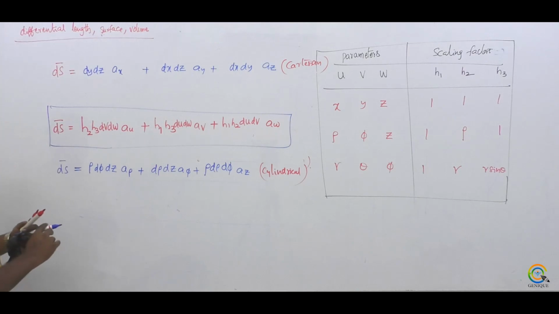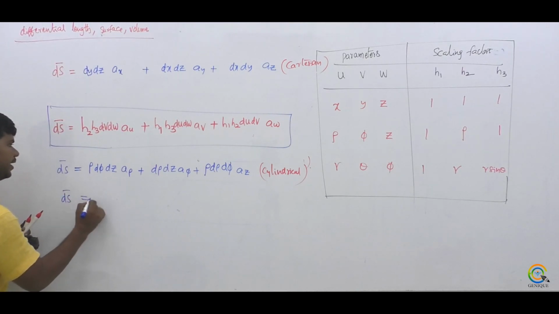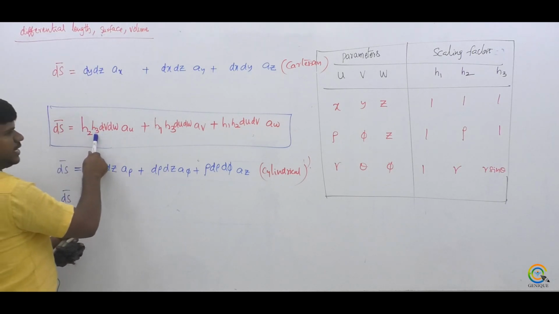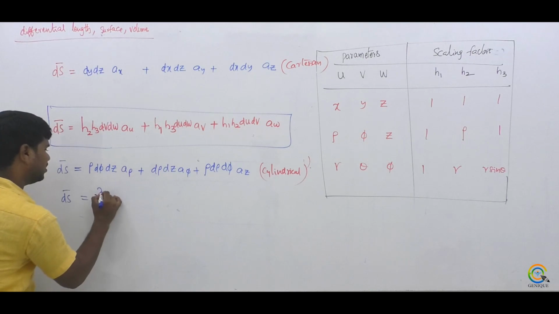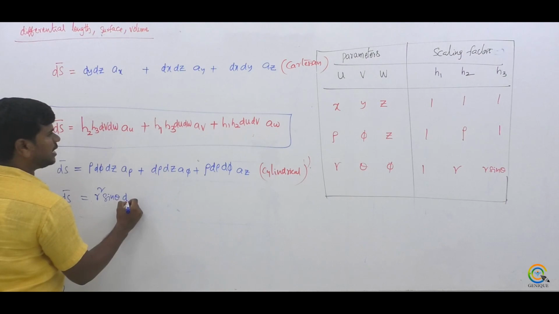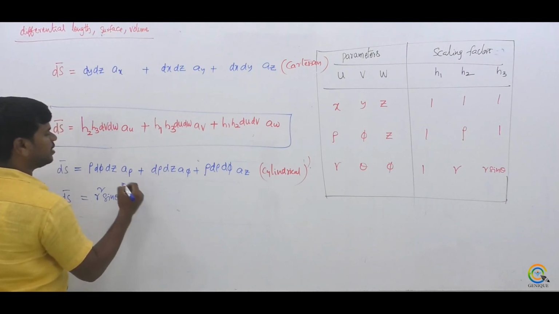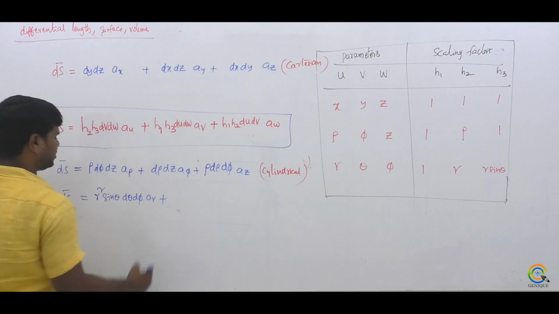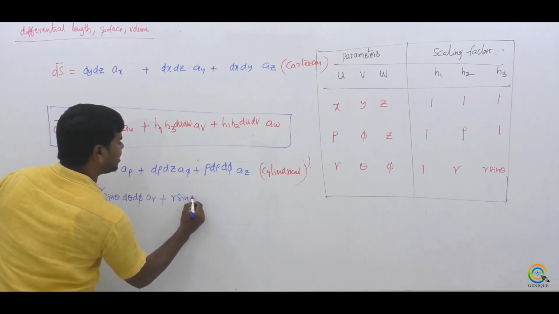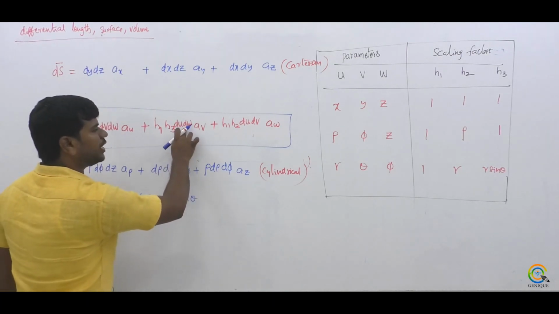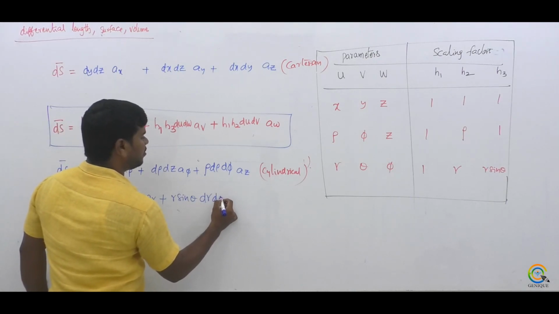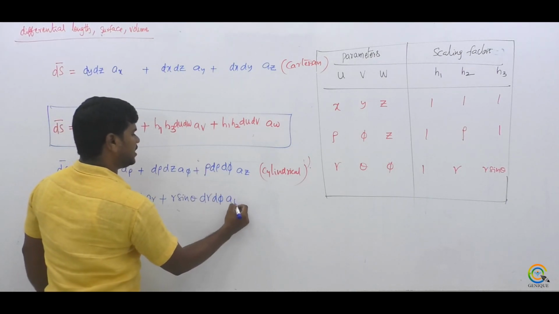Understand? So now, what is the differential surface area in the spherical coordinate system? The spherical coordinate system, h2 h3. h2 h3 is r square sin theta, dv dw means d theta d phi, into ar. What about h1 h3? h1 h3 is r sin theta, du dw is dr d phi, it is a theta.